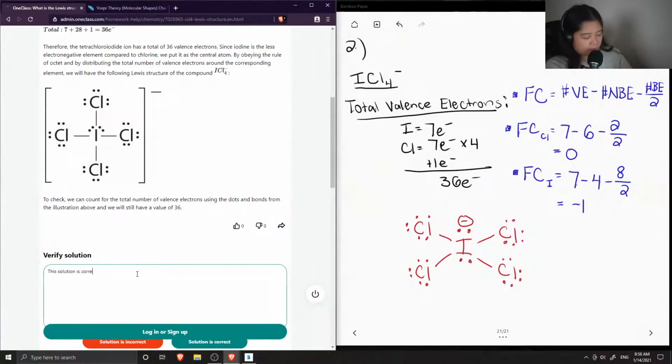And then I'm just going to specify that iodine carries the formal charge of -1.